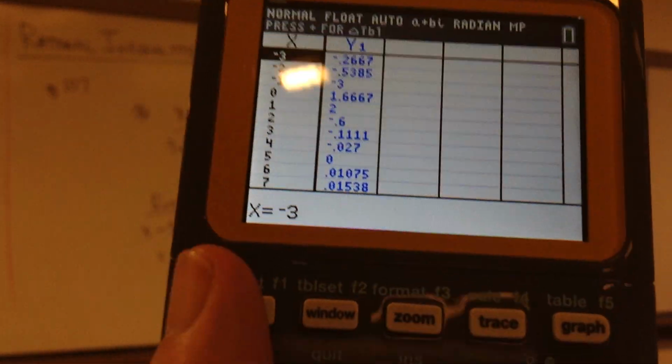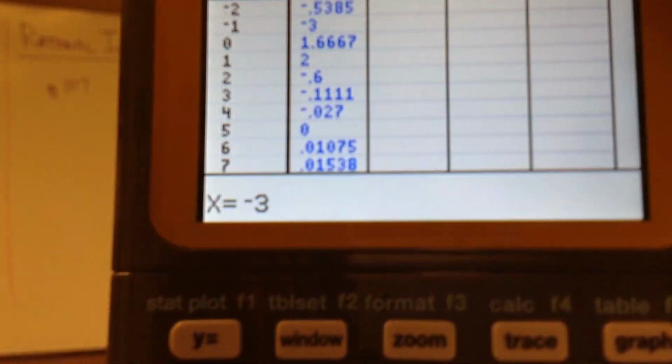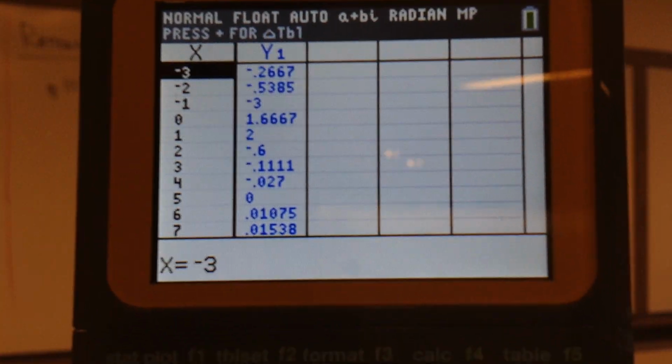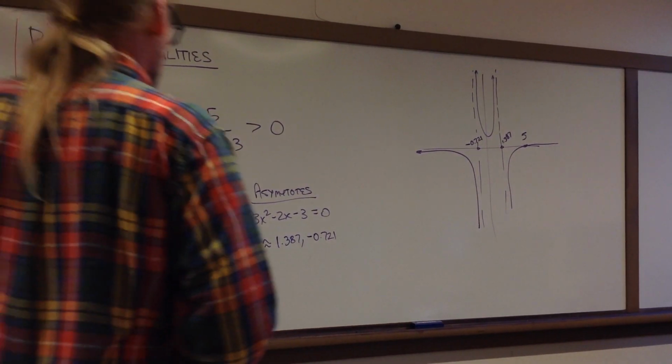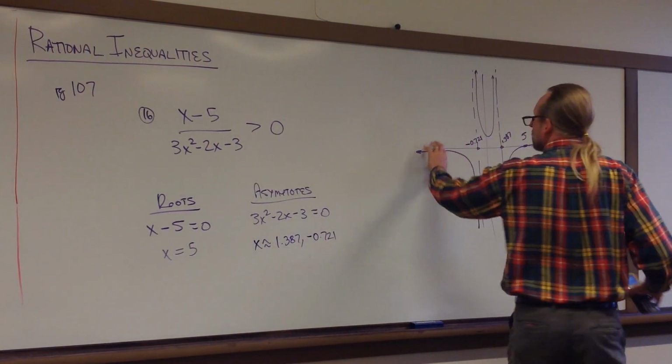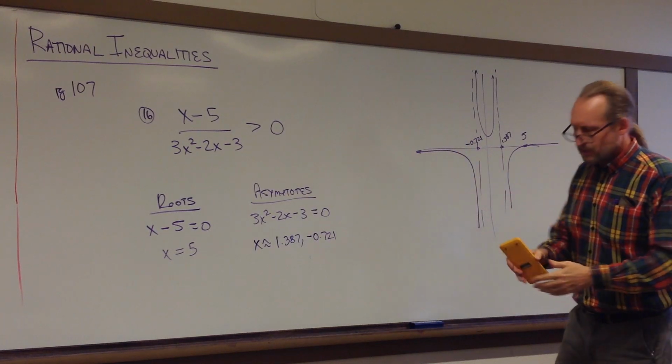And there it is. You can see where x is 5 right up here, where x is 5, y is 0. Okay, so that's one way to confirm that we've got that root there. Whereas we don't have any roots over here. This thing is always going to stay just below the x-axis. And that's something else that you can see in the table.